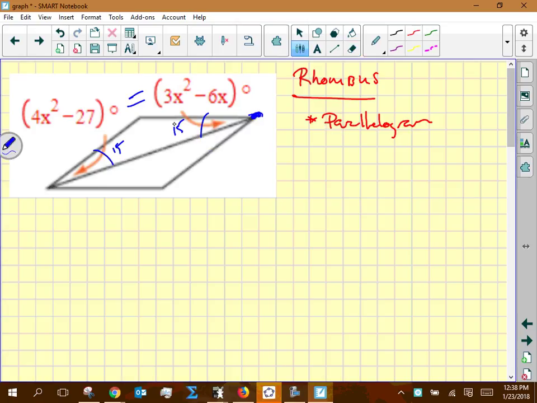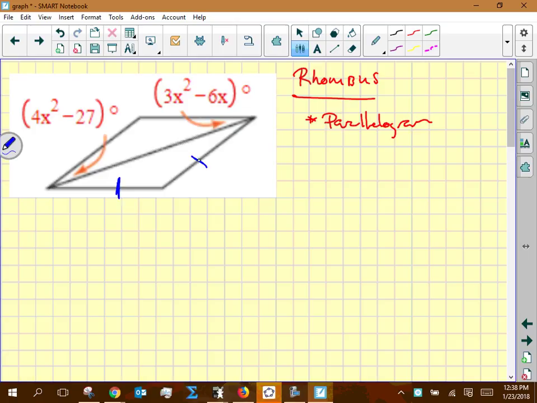Now what is the argument that I can say about those two things? They're equal, right? So in a rhombus, that angle right there is going to be congruent to that angle right there. Does that make sense? Let's look at this bottom triangle.